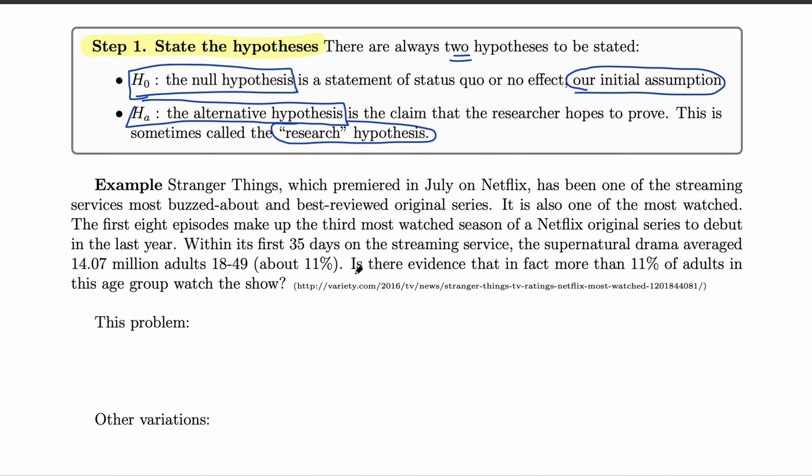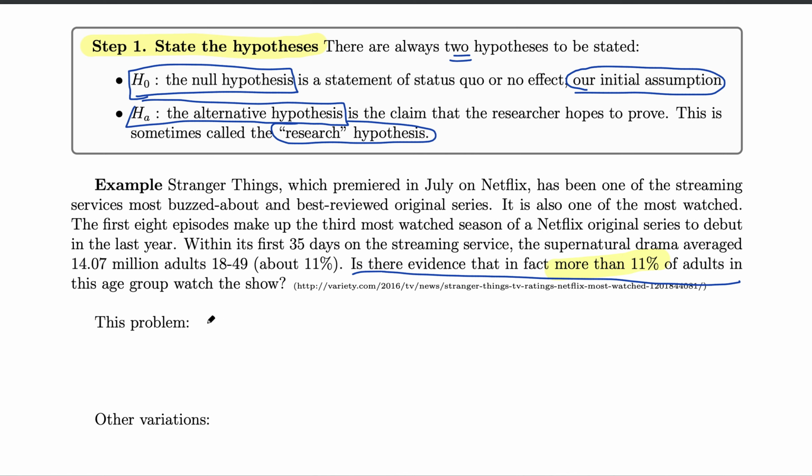Our research question here is, do we have evidence that more than 11% of adults in this age range watch this show? Maybe you're like me and you absolutely love the show and you want to see if, in fact, more than 11% watch it.